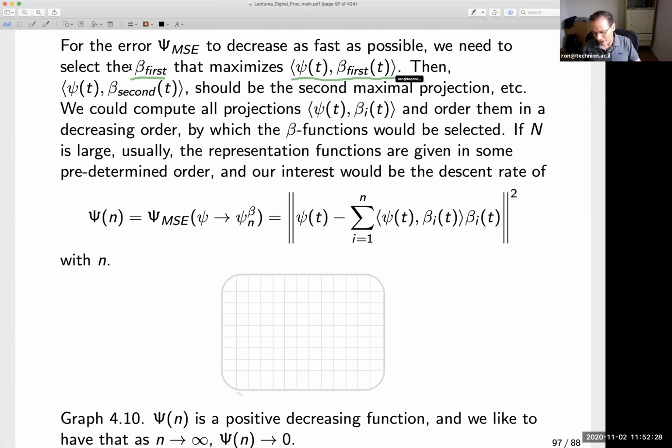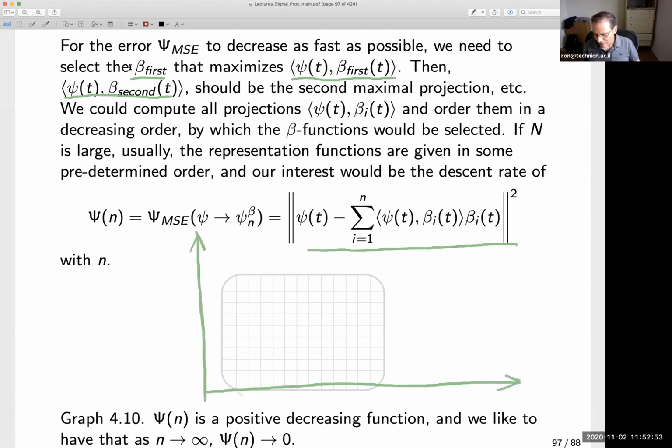So we will call it beta, psi of beta first, okay? And then we'll choose the next projection and the next projection and the next projection. And if we plot the error, okay, so obviously when I'm taking my n to be capital N, let's plot this error. And remember that this error is decreasing as a function of this projection. Why? Because the norm of the beta is 1.